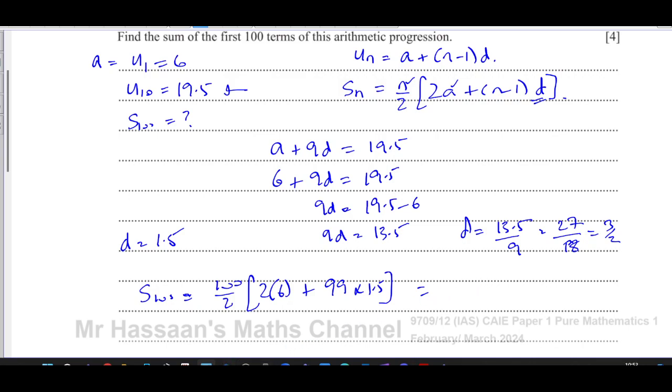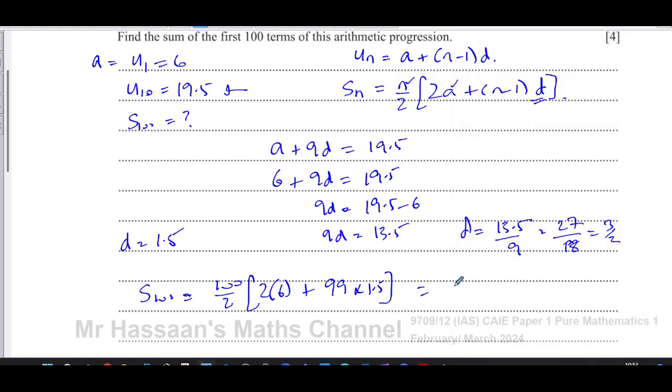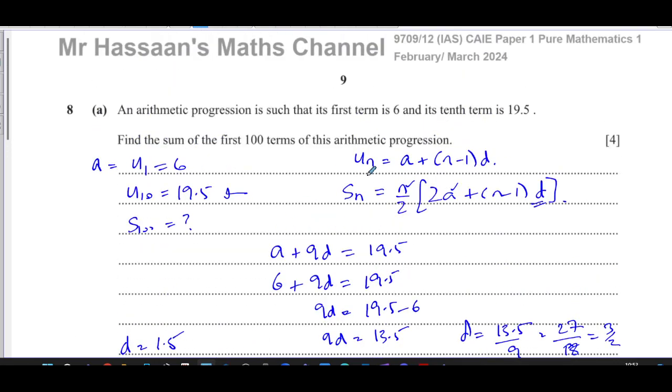So we have 50 times (12 plus 99 times 1.5). That gives us the answer 8,025, and there's the answer to part A.